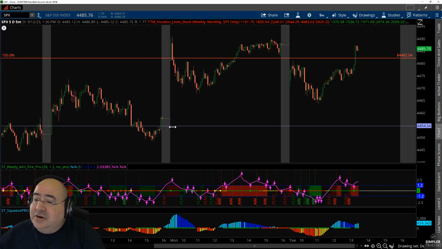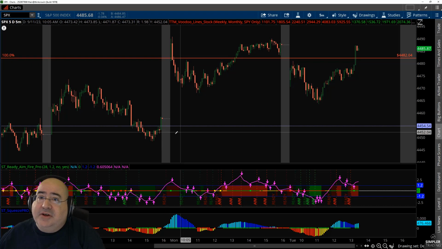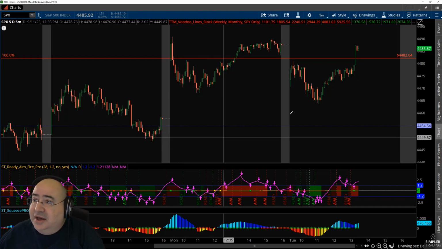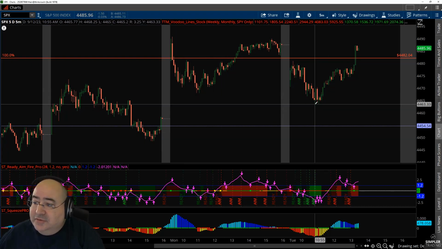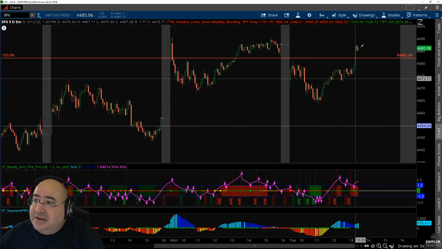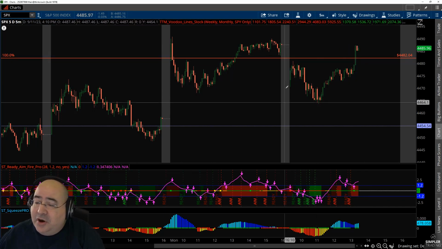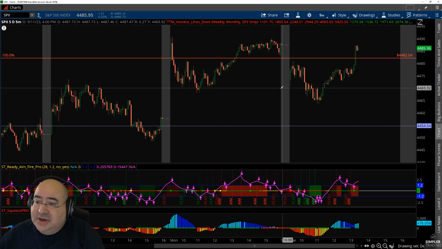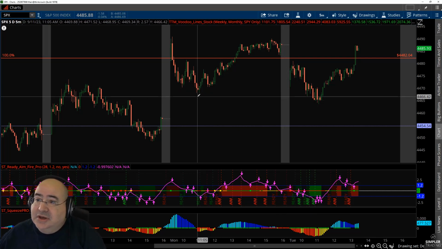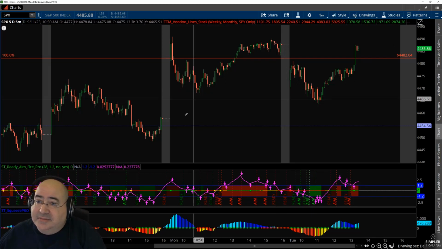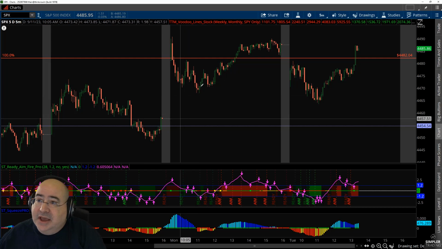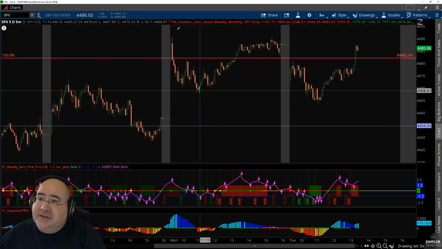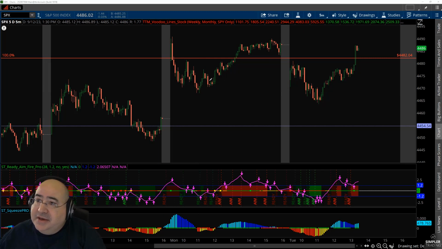If you're looking for small moves, as long as they're not part of much bigger moves, it's fine. You can use some buy signals, but you have to see how big the move is.